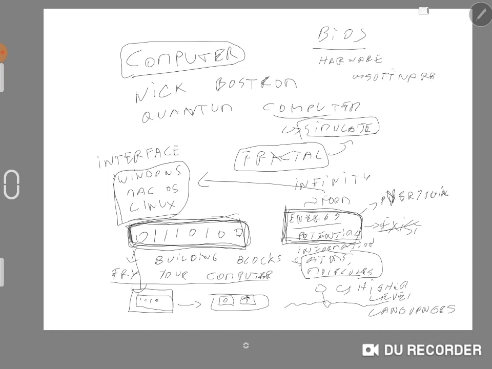Then you have your operating system, and inside your operating system you have programs. And when you actually program, you don't program with zeros and ones, you program with higher level languages. And that's what this is. You could say that whenever you build an object, for instance, a hammer or a knife, what you're doing is you're using a computer language, which allows you to code with atoms and molecules, for instance. But you don't have access to pure energy and pure potential, because otherwise you could do anything.